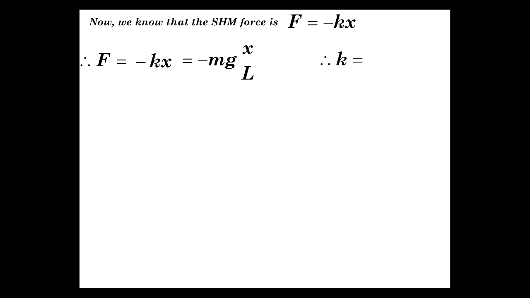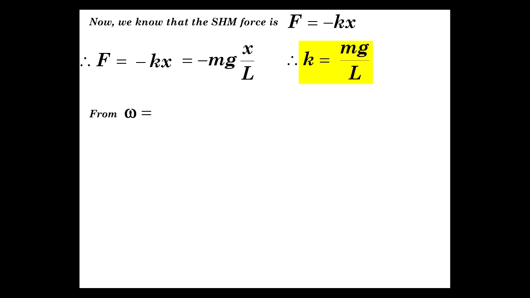So we recognize that the simple harmonic motion force is minus kx. But we just discovered what the force is. In the pendulum situation, it's minus mgx over L. Therefore, we can solve for k, the proportionality constant here, just like what we had in a spring mass system. And it's mg over L, times x.